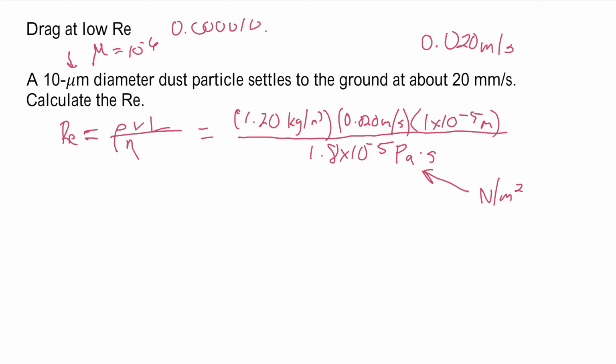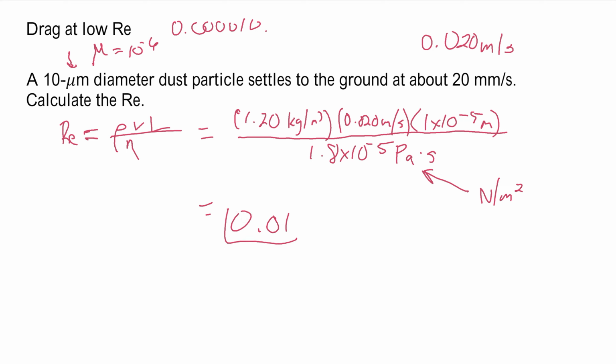No, so all of these units should divide out, and we're not going to worry about them. We just multiply all the numbers together and divide by the 1.8 times 10 to the negative fifth. So 0.01 is what you got? Yeah, we'll call it 0.01.